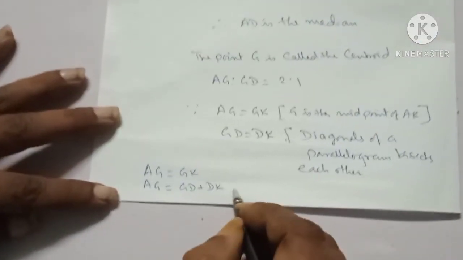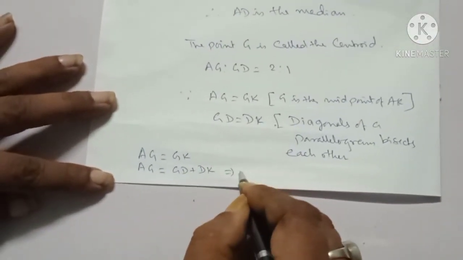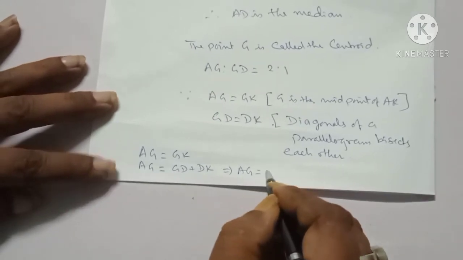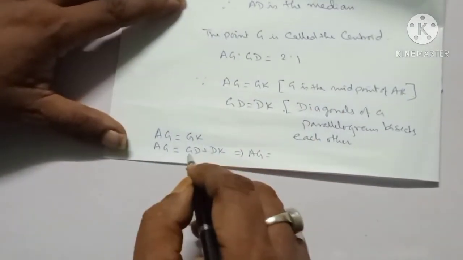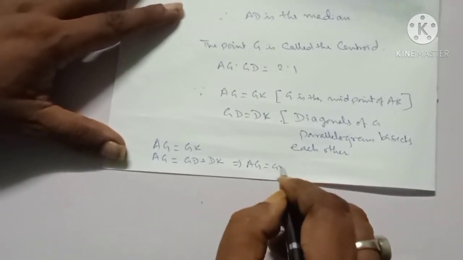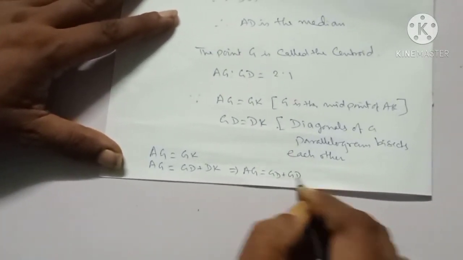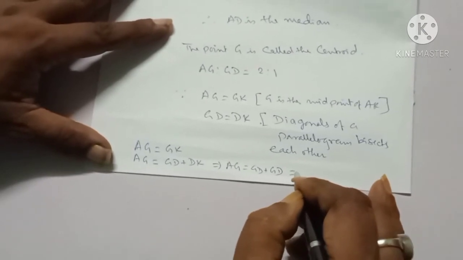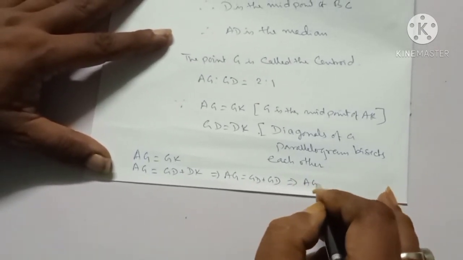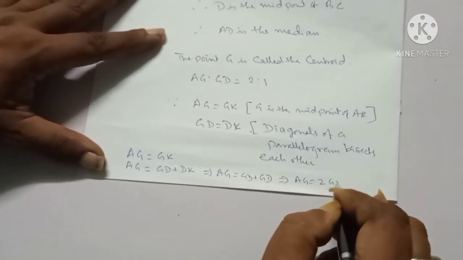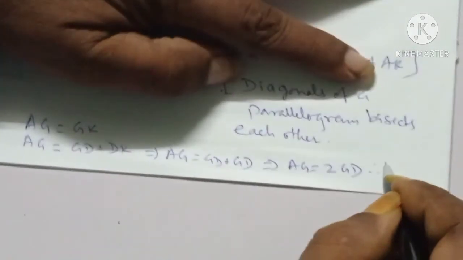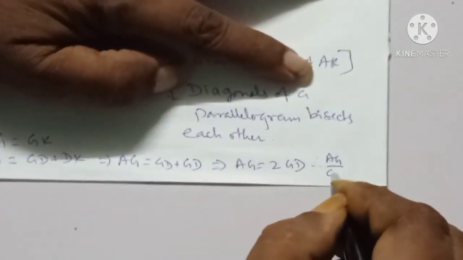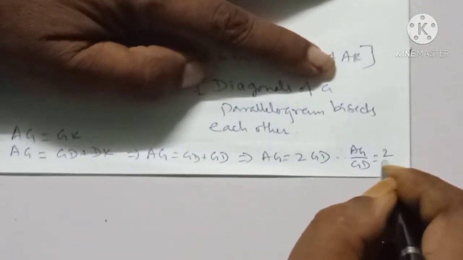Since GD is equal to DK, this is GD plus GD, which implies that AG is equal to 2GD. Therefore AG by GD is equal to 2/1.